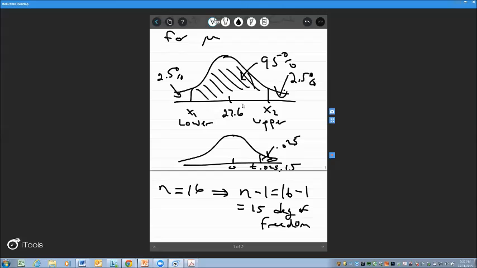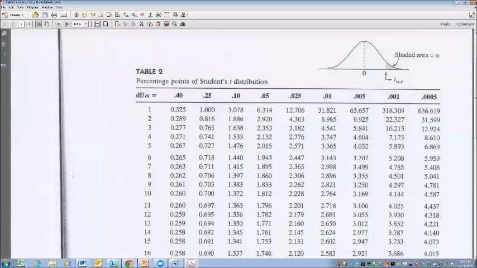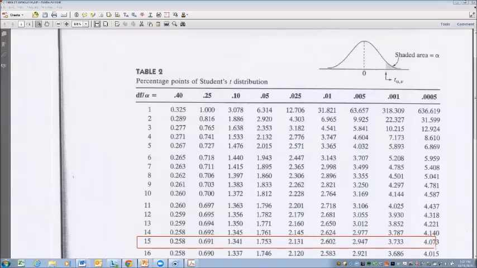So if I go to my table and I go to 15 for my degrees of freedom, so that's the 15 row, and I go to the 0.025 column, that's 2.131. So I know that t sub 0.025 comma 15 is 2.131.